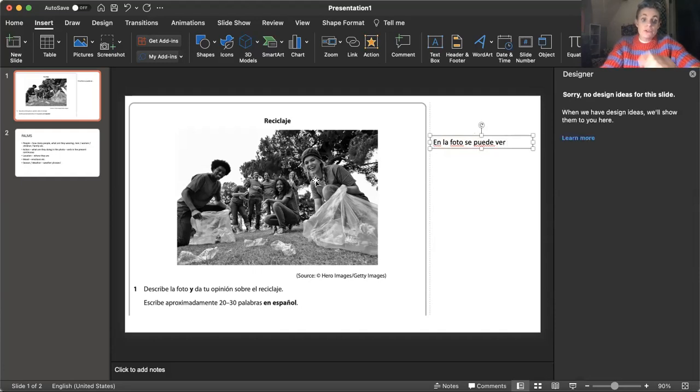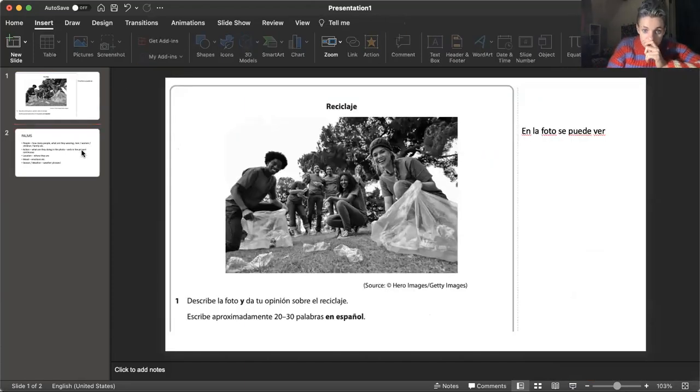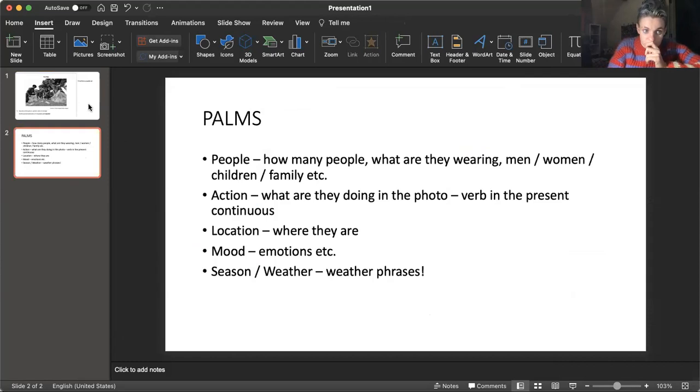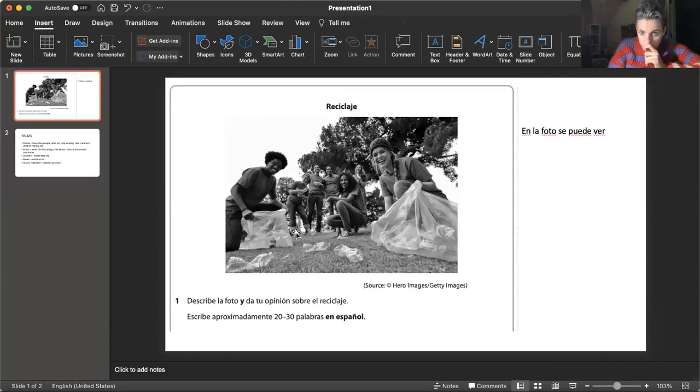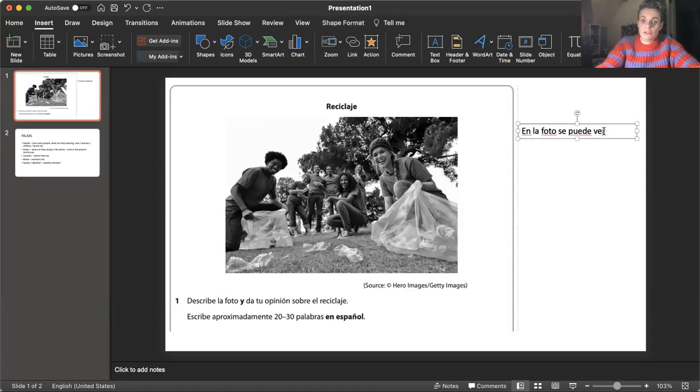So I'm going to use my PALMS acronym. For this one, I'm going to use people, location and mood, because I think those are the easiest ones to go through from this photo. How many people have we got? We've got 1, 2, 3, 4, 5, 6, 7 personas.